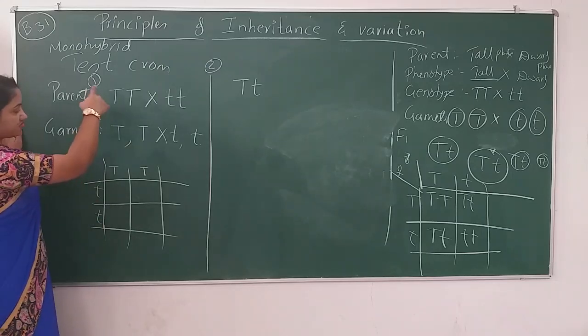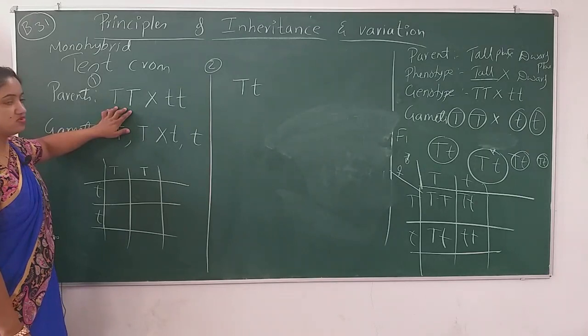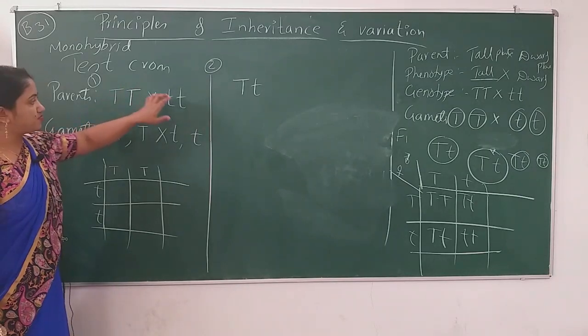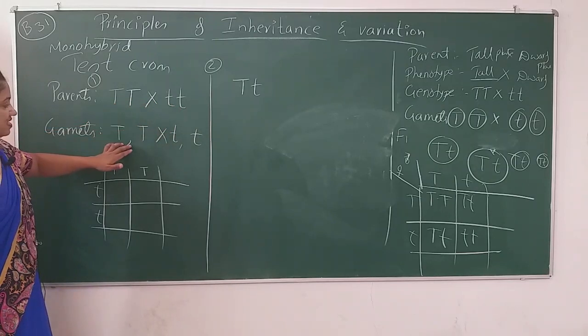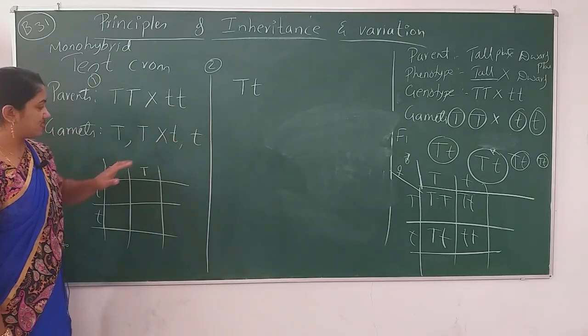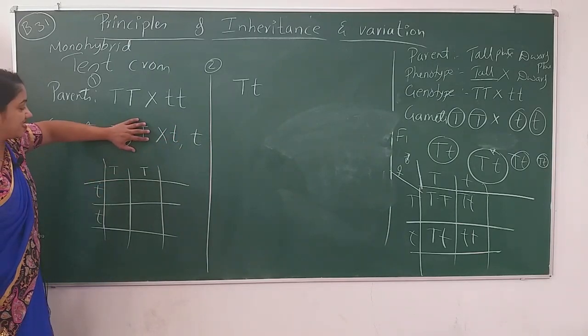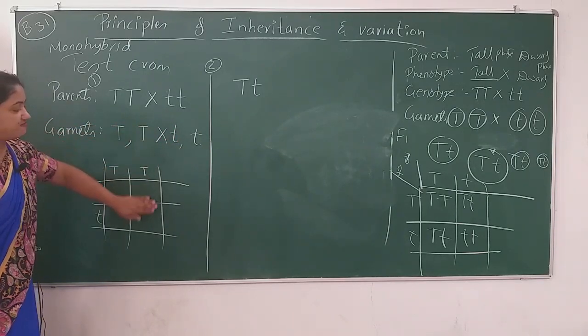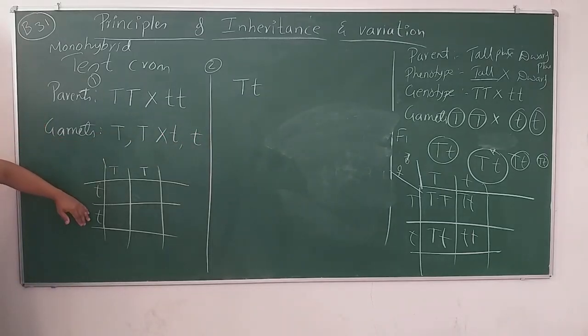So this is possibility number 1. When we cross the homozygous dominant parent with the pure recessive one, the gametes will be like this. One parent's gametes go on the top of the square and the other parent's gametes on the left side.